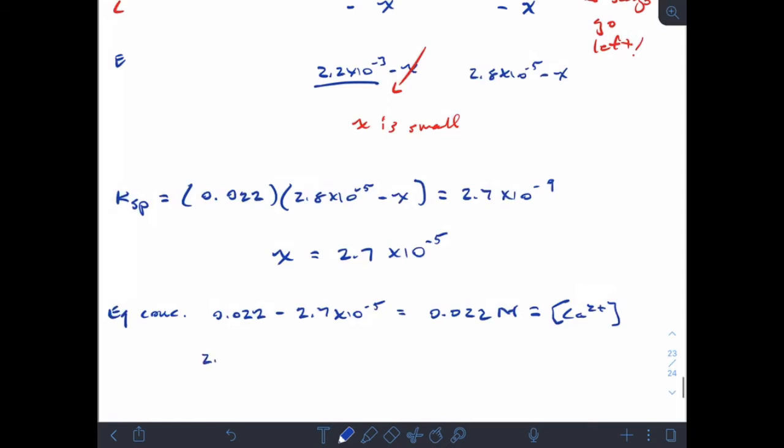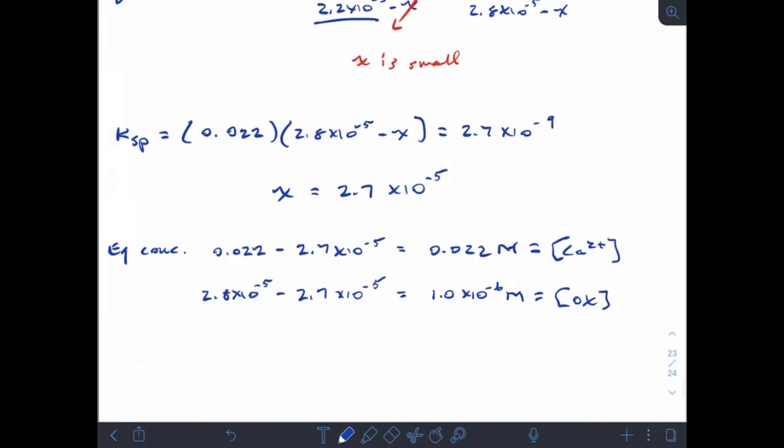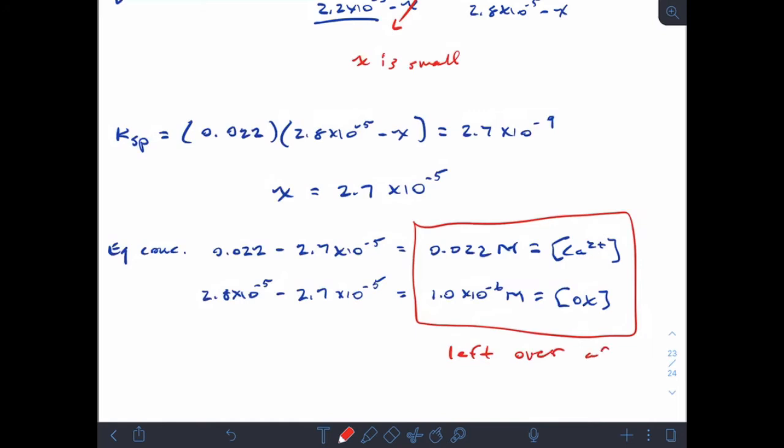And we have 2.8 times 10 to the minus 5 minus 2.7 times 10 to the minus 5, which means that almost all of that oxalate has been used up. Right, that's our oxalate concentration. So what we're showing here with these equilibrium concentrations is what is left over after precipitate forms.